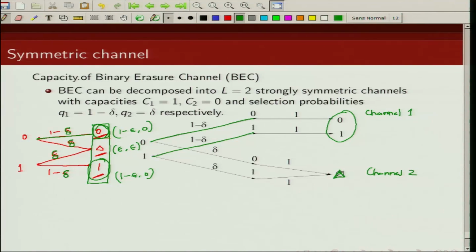It's the same thing, just changing notation because I just noticed that I am using this notation delta. This I'm writing as 1 minus delta and this as delta. So then I can select this channel. You can see I can select this channel with probability 1 minus delta. So this selection probability is 1 minus delta.